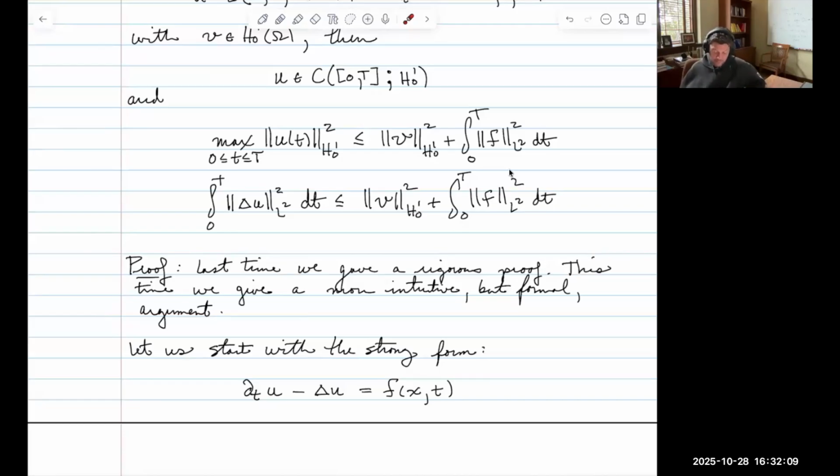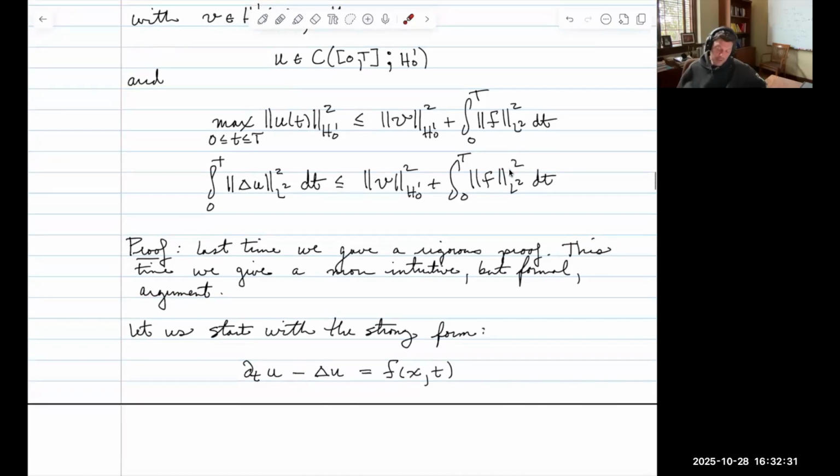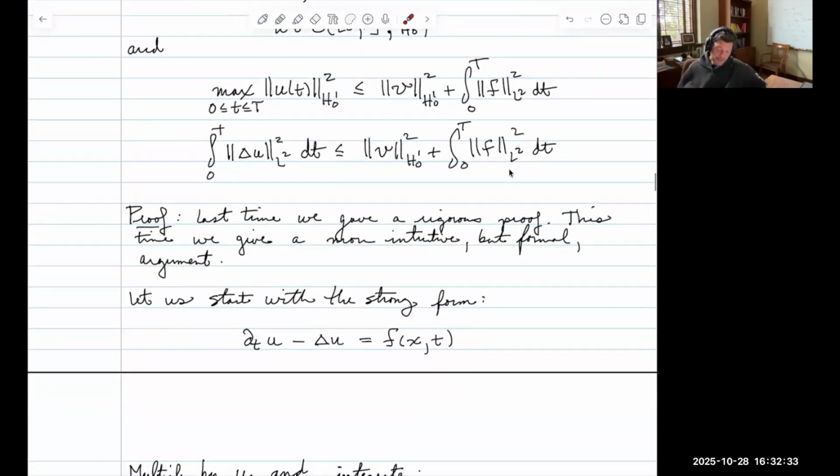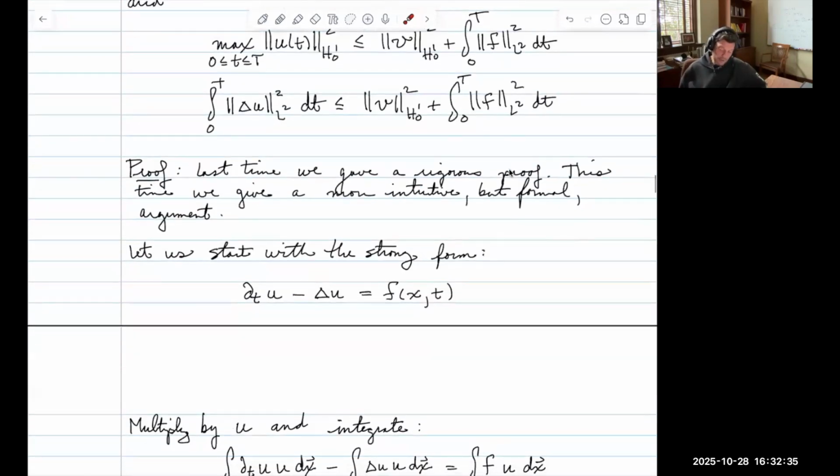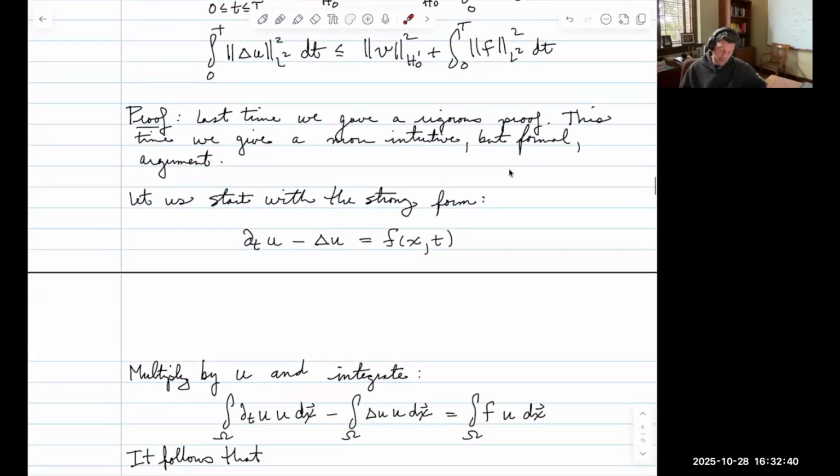We look at the form of given solutions and we assume that all the manipulations we want to do, as long as they're standard manipulations, like the derivative in space and time interchanging, or a derivative and an integral interchanging, et cetera, et cetera, we're just going to assume that every type of formal calculation we want to do goes through without a hitch. So let's start with the strong form of the problem.